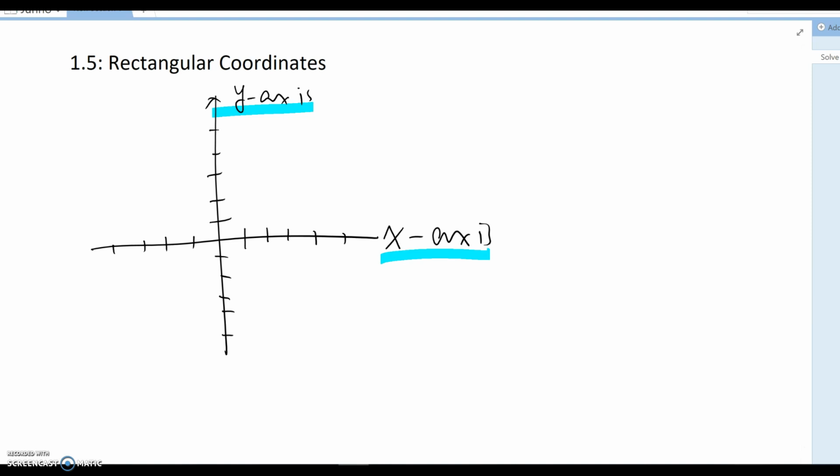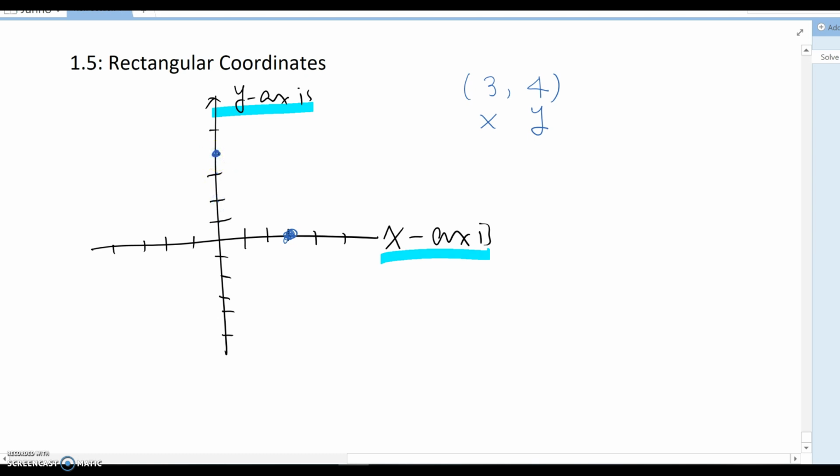So if we have maybe 3, 4, as you know, 3 is located right here because that's the x value, and this is the y value, and y equals 4 here.